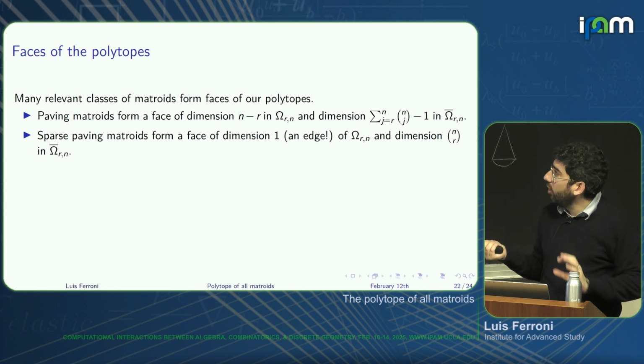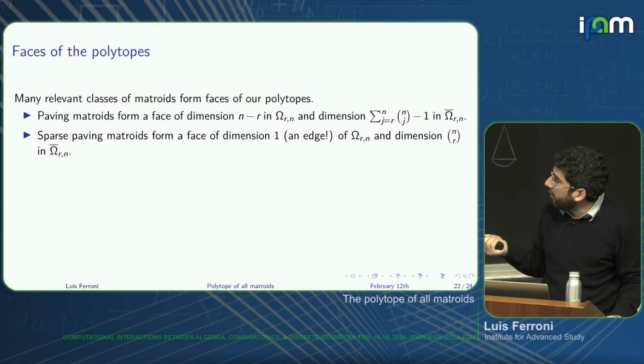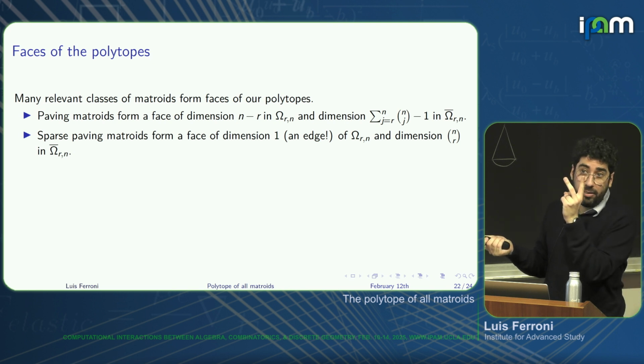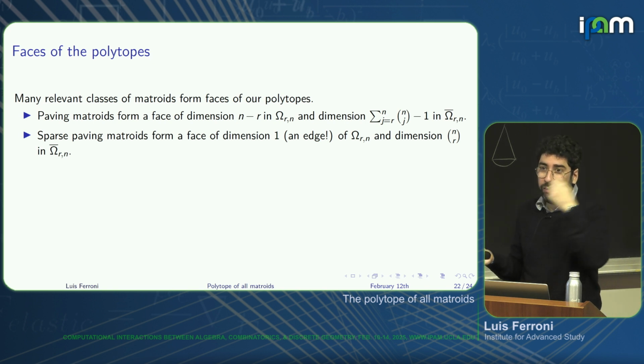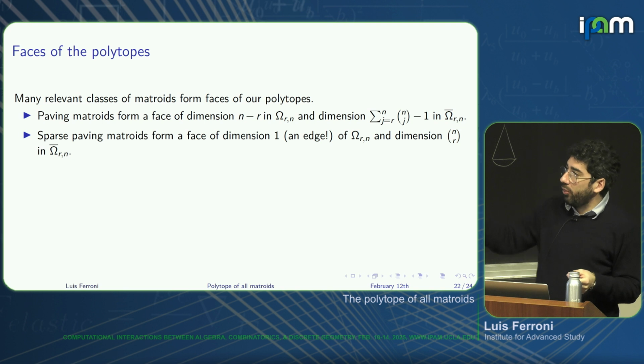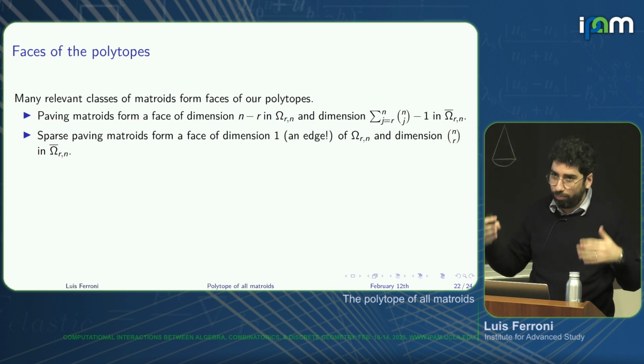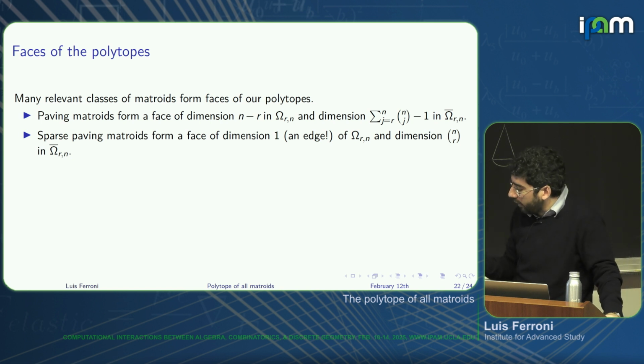So it's an edge of the polytope Omega(r,n), and dimension n choose r in the labeled version. So you have an edge that is sparse paving. You can ask me what the two vertices of that edge are. One is the uniform matroid, and the other is the one I mentioned on the stable subsets of the Johnson graph. So you know what the vertices are for that edge.